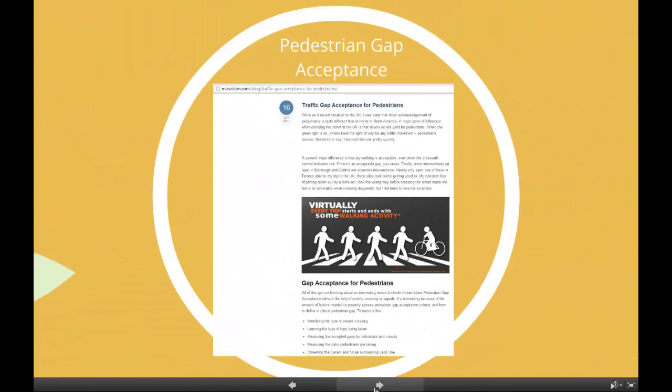So far, we've talked about gap acceptance for drivers. What about pedestrians? Do pedestrians evaluate available gaps to accept or reject when preparing to cross at unsignalized locations? We find a brief discussion of pedestrian gap acceptance in Chapter 2 of the text.